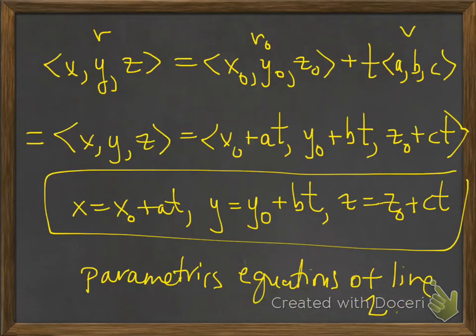And by manipulating the coordinates and rewriting them in each component, we have what's called the parametric equations of my line L as well. Perfect.